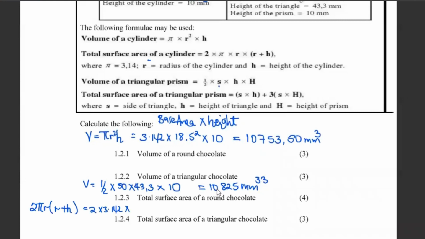You put your 18,5, open brackets, 18,5 plus the height, which is 10.